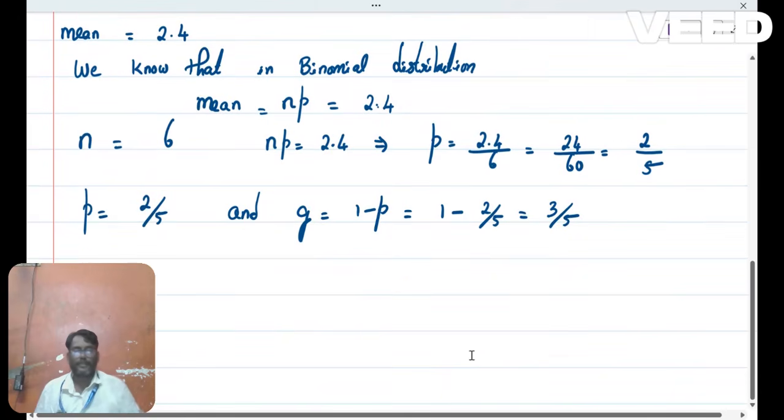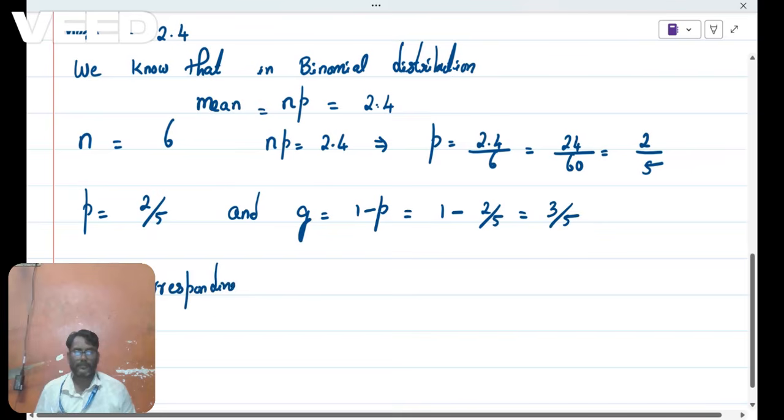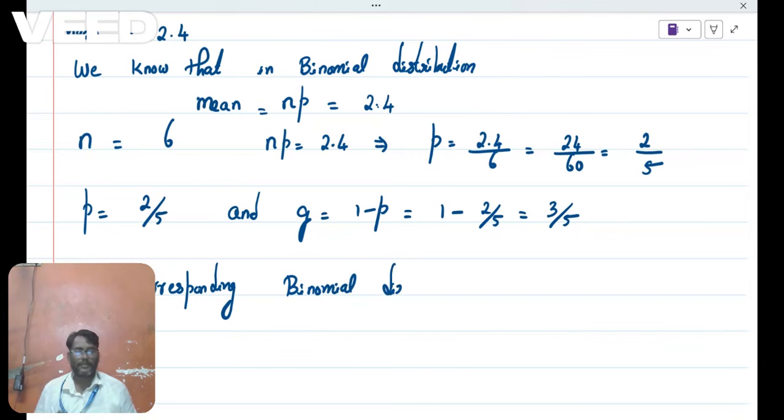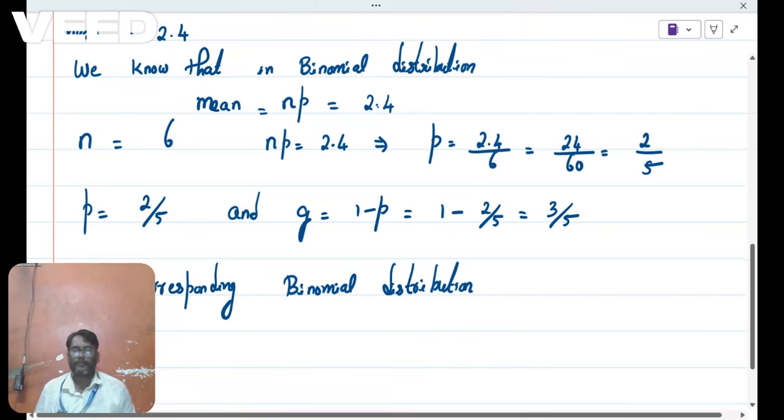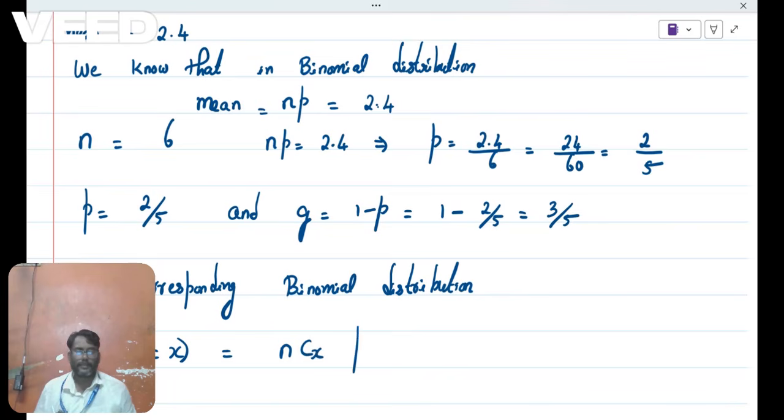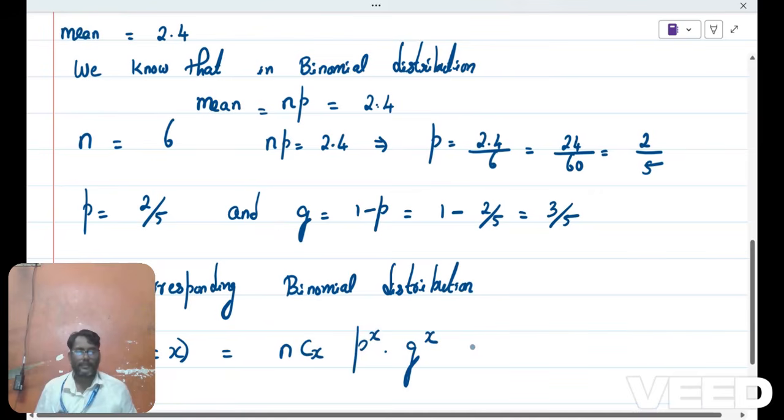Then the corresponding binomial distribution is P of X equal to x, which is equal to nCx p power x into q power n minus x, and x is equal to 0, 1, 2, 3 up to n.